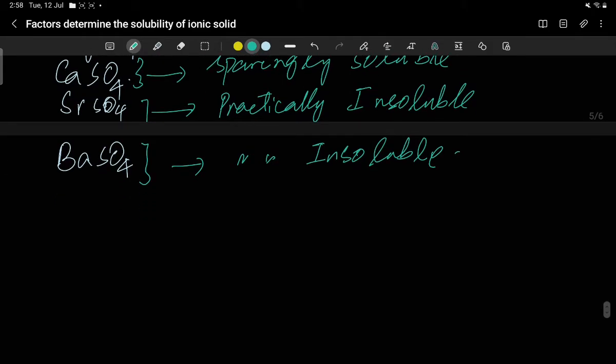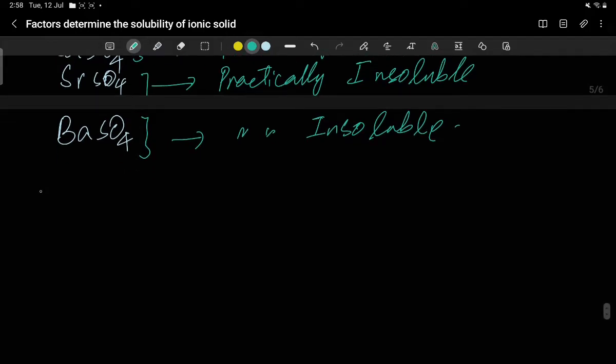So we can explain according to the examination point of view, we can write the answer to why solubility decreases down the group like this.